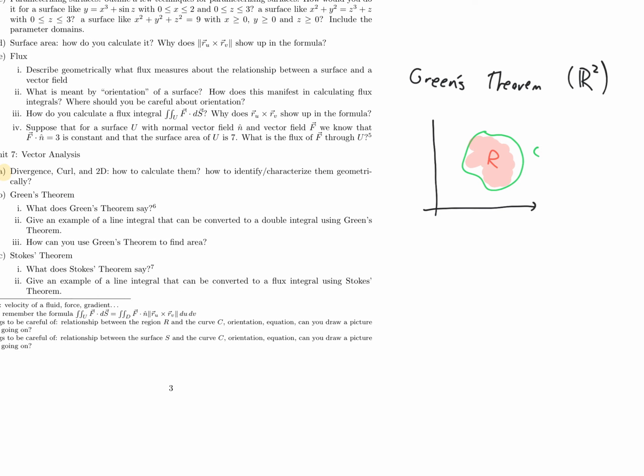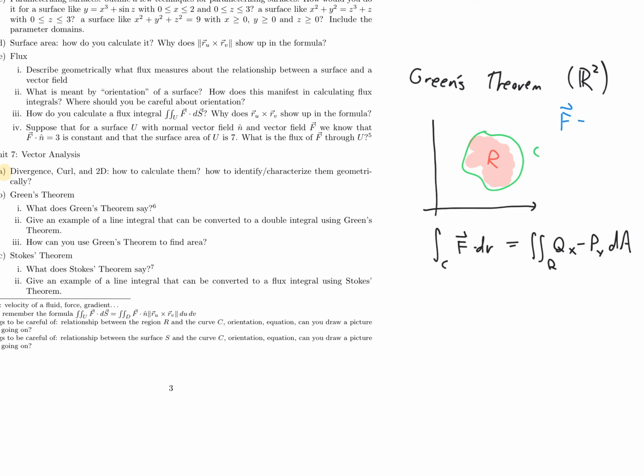And the theorem says that if this is true and we have a vector field in the background, I'm not going to draw the vector field, but there is some vector field here, then the line integral along C should be equal to the double integral of the 2D curl.